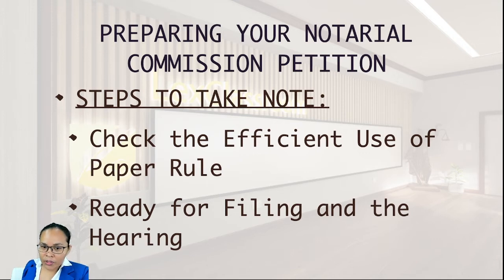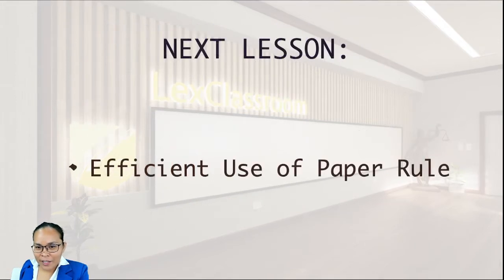And take note of your first hearing if you're a newly admitted lawyer. That's usually the first hearing experience, when you have your notarial commission hearing. Our next lesson is on the efficient use of paper rule, which is also related to this lesson.